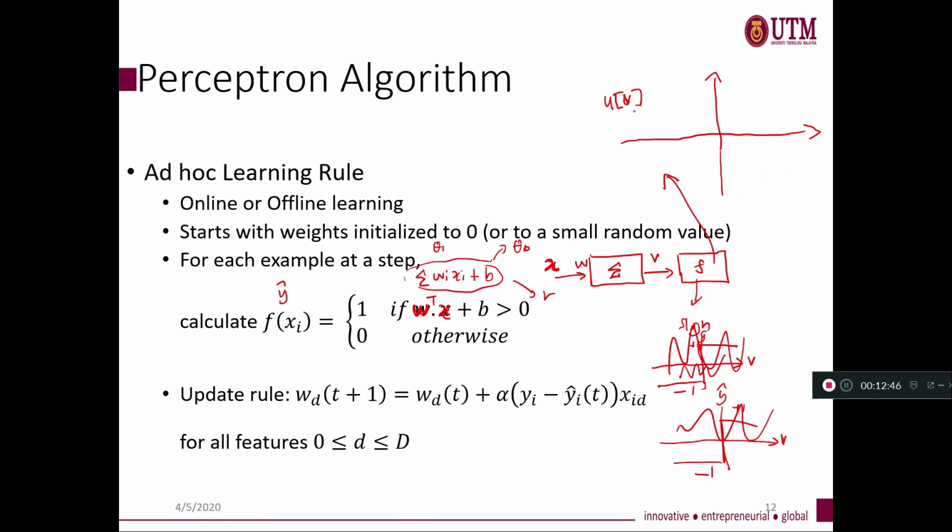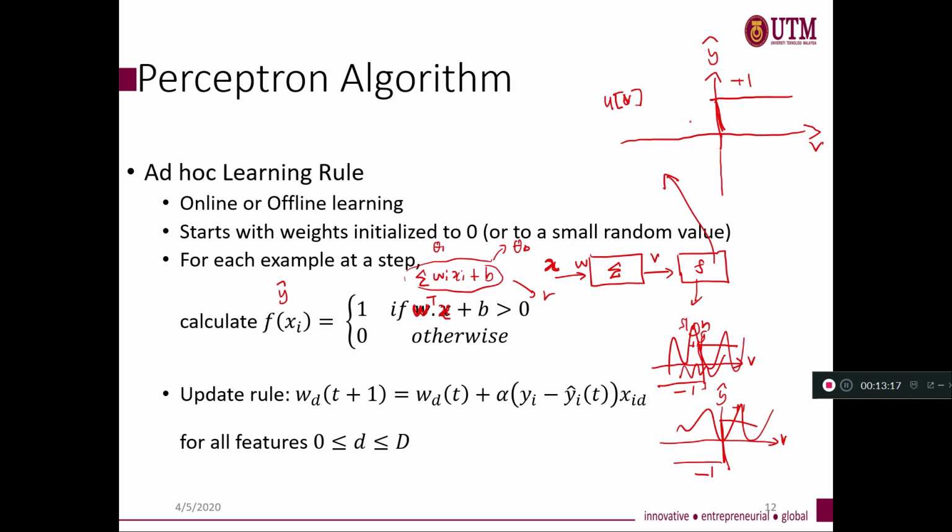If you remember the unit step function, I think you learned this in signals and systems. The unit step function should be something like this. If this is v, anything that makes your v more than 0, then your function, this is your y hat, will become positive 1.